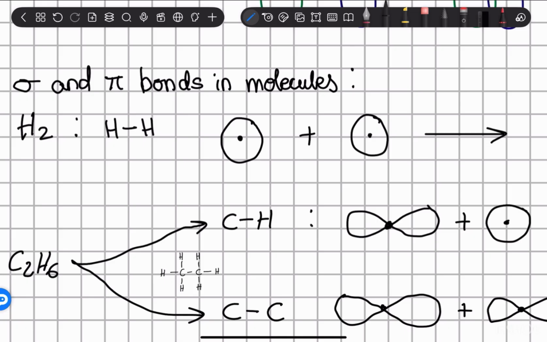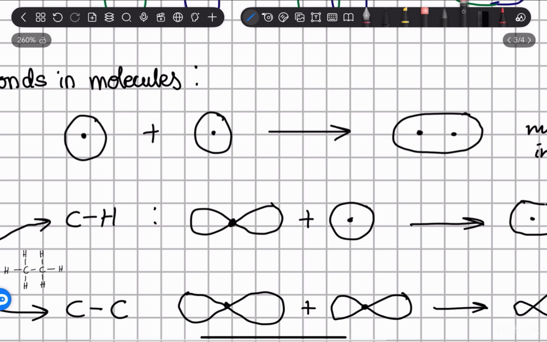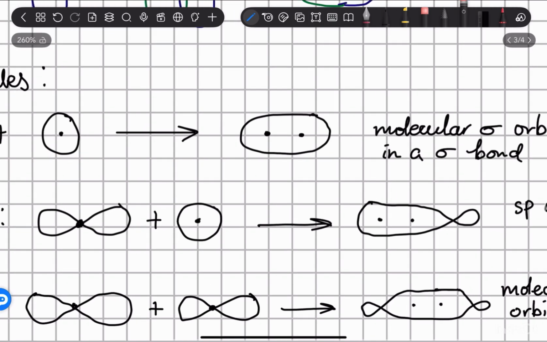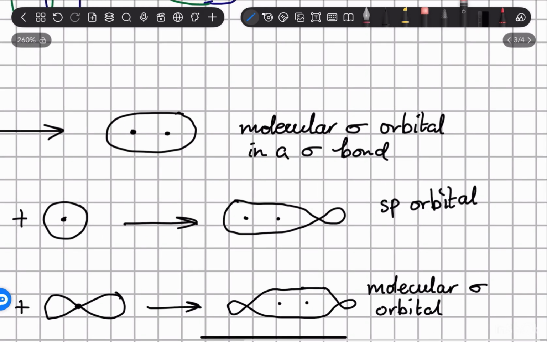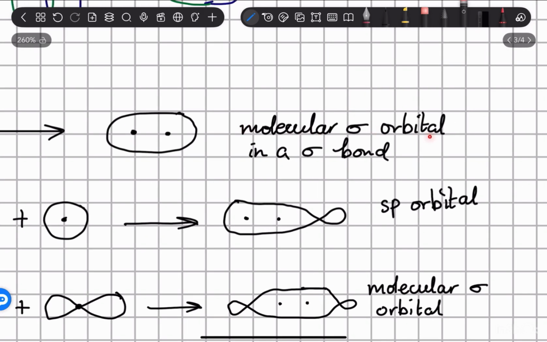It's a diatomic molecule. Hydrogen only has one electron, hence the 1s orbital of both atoms would bond together, and they would give us this weird oval-like shape in which the bond is found. So that's a molecular sigma orbital in a sigma bond.